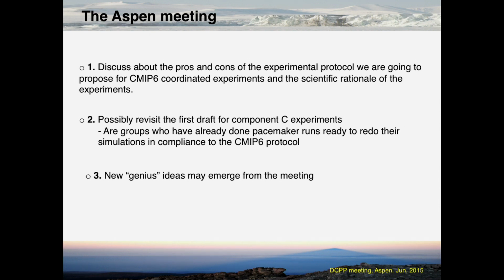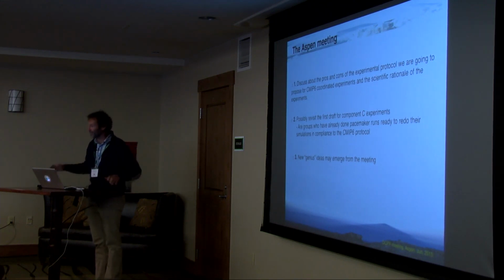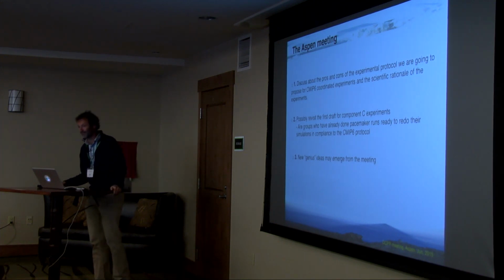We possibly want to revisit the first draft of Component C experiments that we had in SPECS. And the last bullet is that some new genius idea may emerge from this meeting, because apparently this meeting has been a seed for a lot of nice projects for the community. So we may come up with something original and genius.